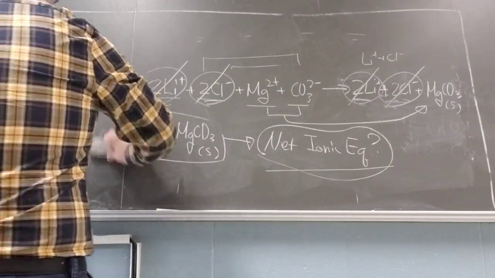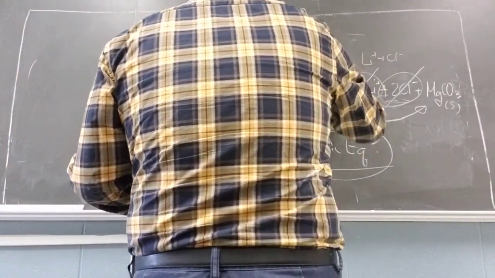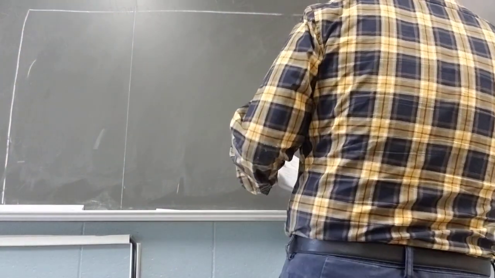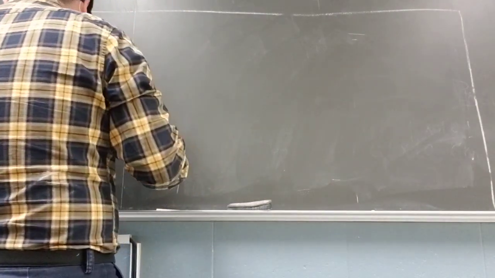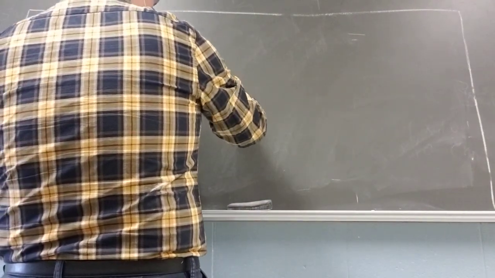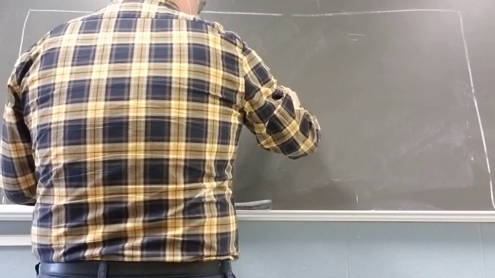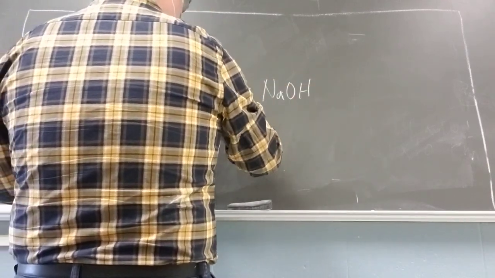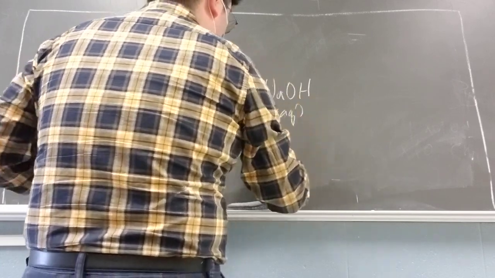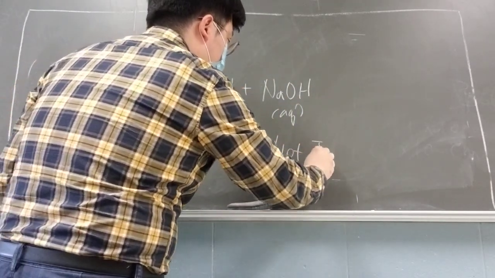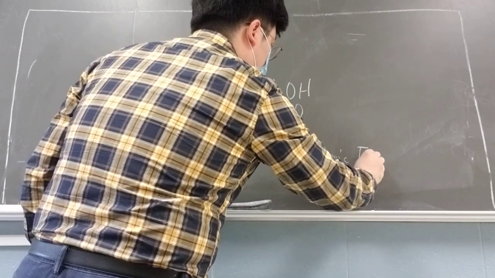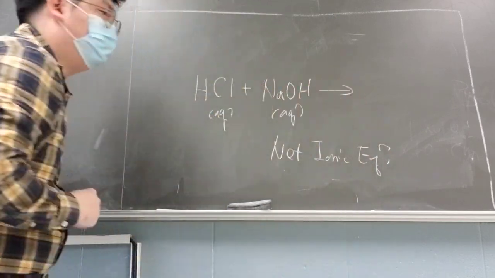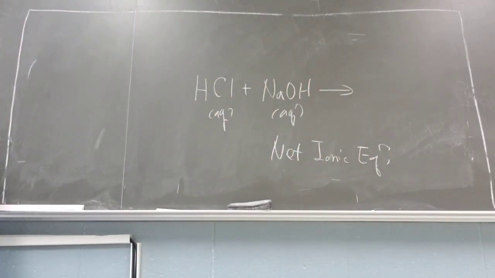All right, so next one is this one. Let's try to put acid and base. And then same thing, maybe we can look for the net ion equation here. So this is the reaction of acid and base neutralization. I hope you guys remember this.